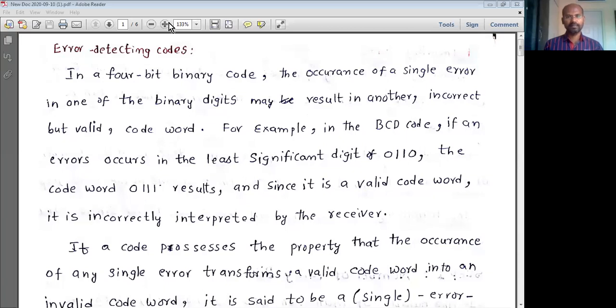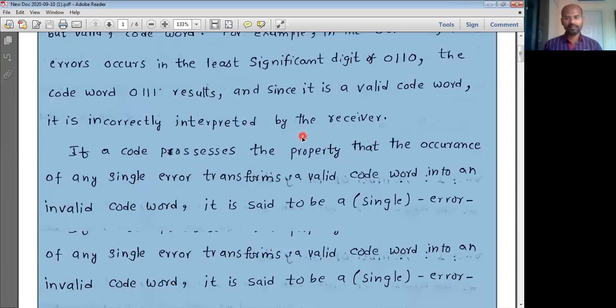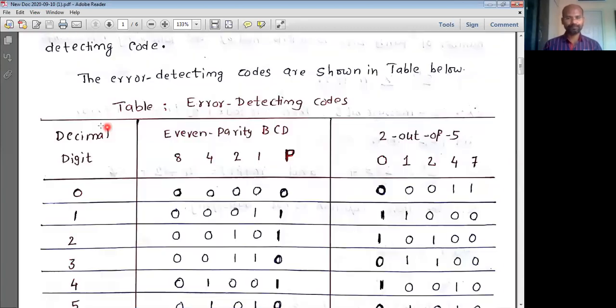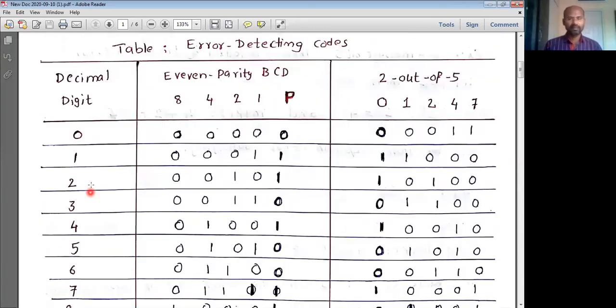In the last class, we started this topic called error detecting codes. These are given in this table. This is the decimal digit, and there are two codes mentioned in this table. One is even parity BCD, which is one type of error detecting code.